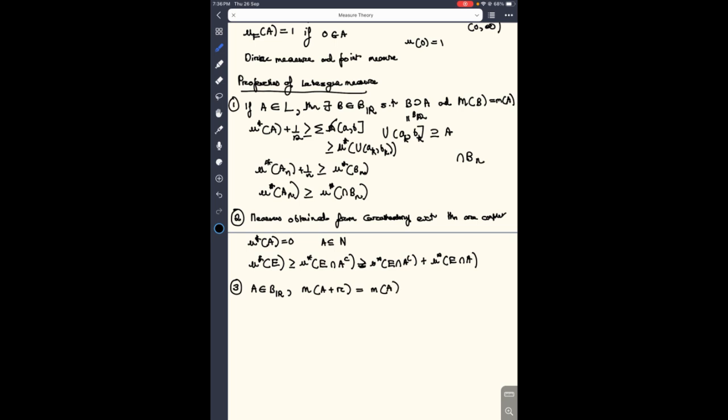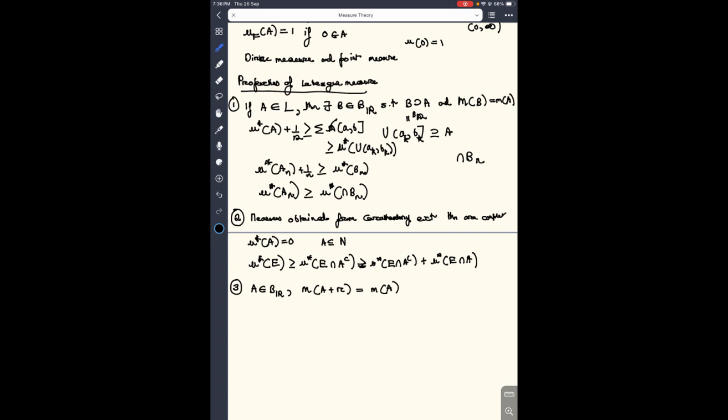Because we don't know as of now if the Lebesgue sigma algebra is invariant under translation, that is, if you translate an element in the Lebesgue sigma algebra, whether it stays an element in the Lebesgue sigma algebra.